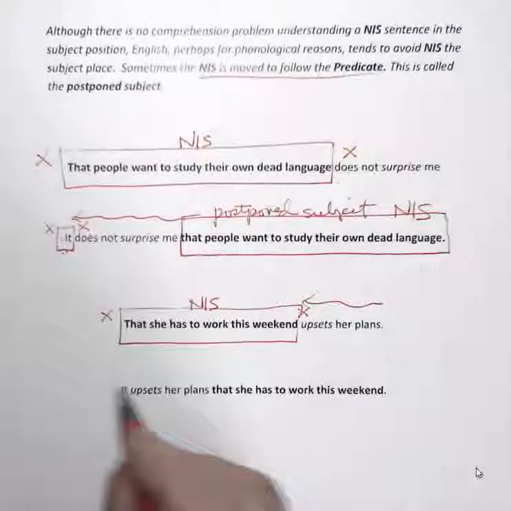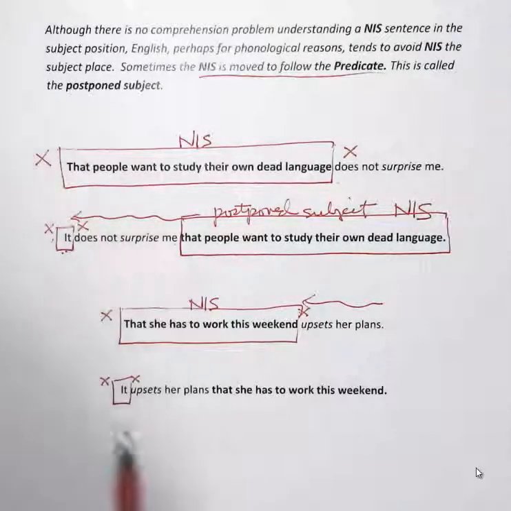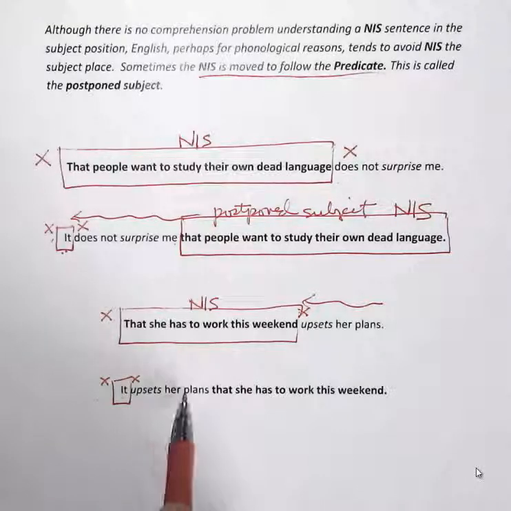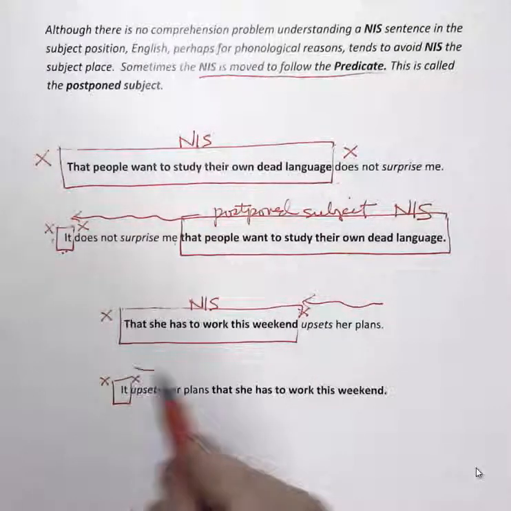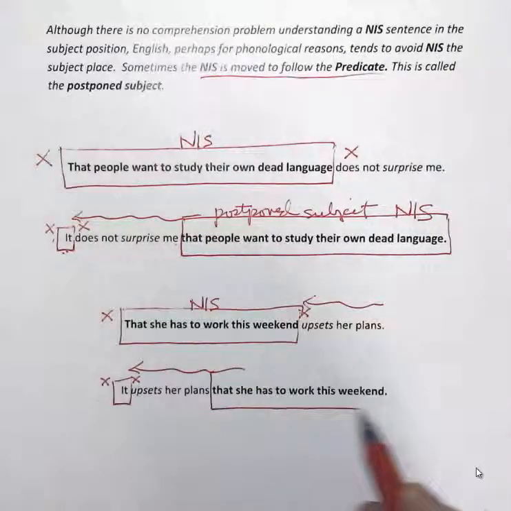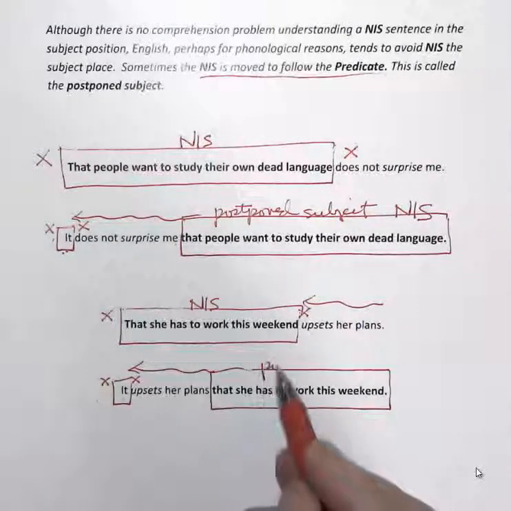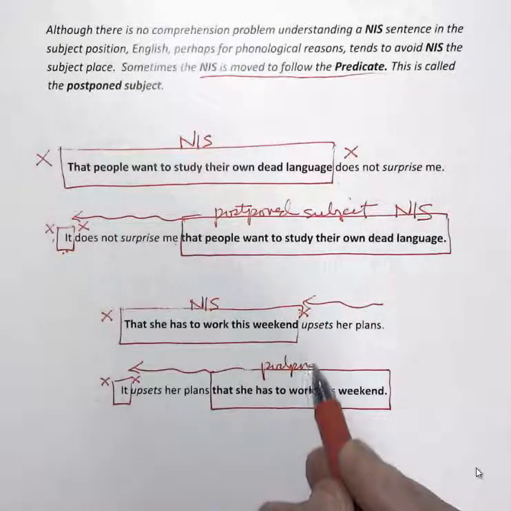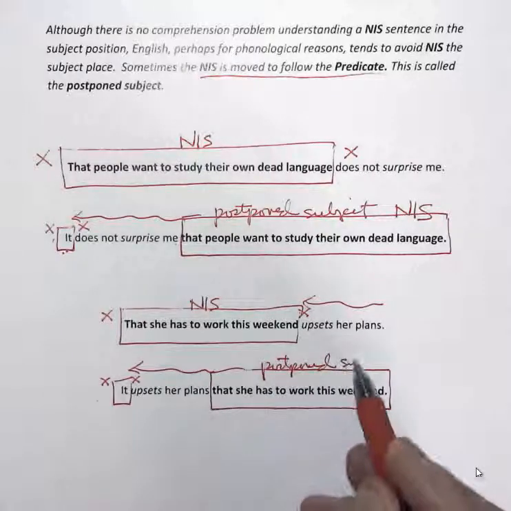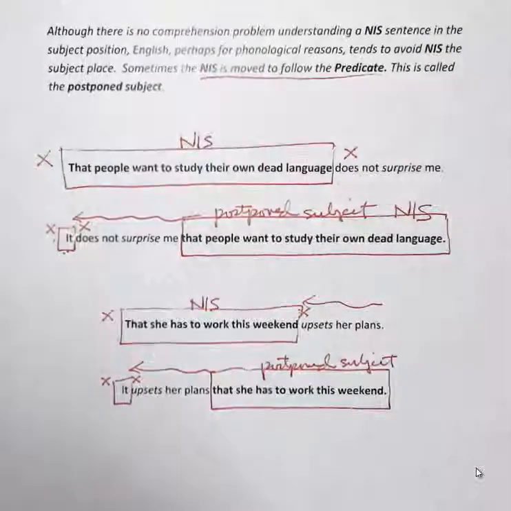So instead, I like it better. Does it upset her plans that she has to work this weekend? And what we've done is postpone the subject for later. This is the postponed subject.